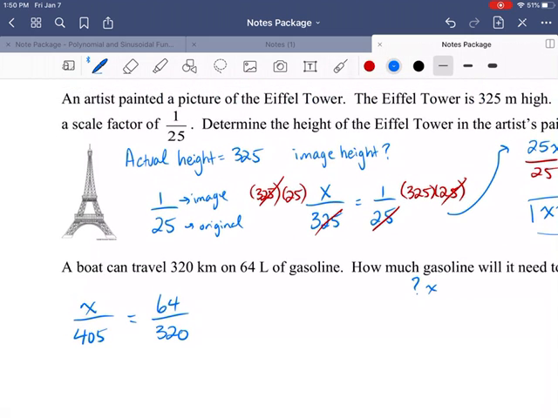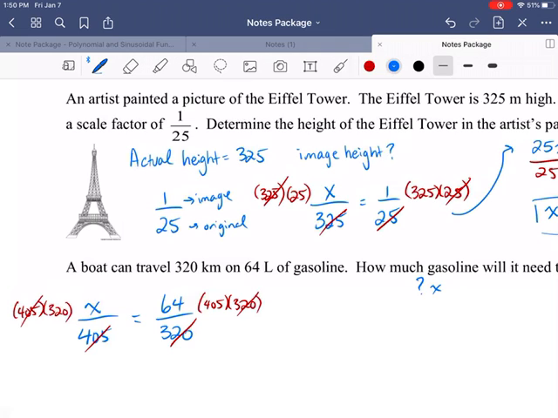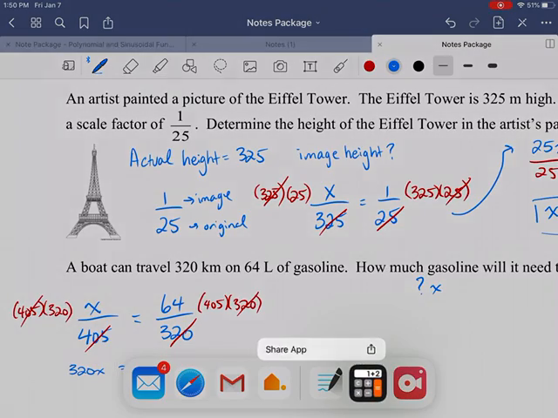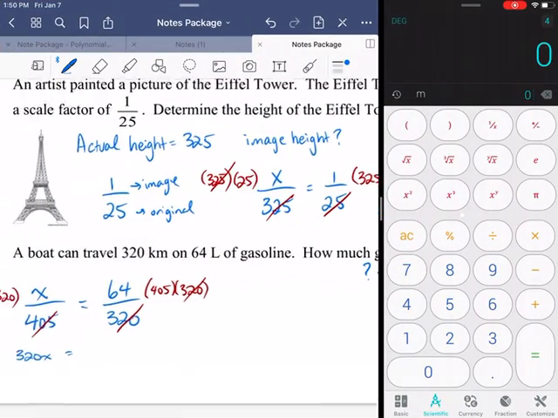Now, solving this, if you multiply each side by the unique denominators, you can see that on the right side the 320 simplifies to 1, and on the left side the 405 simplifies to 1. So you're going to be left with 320x is equal to 64 times 405. Now I can't do this in my head, so let's get our calculators out.